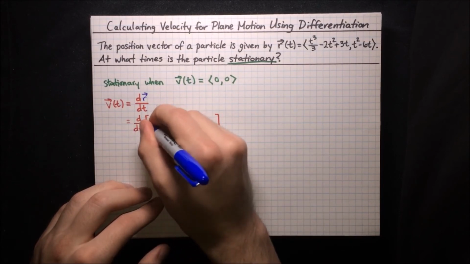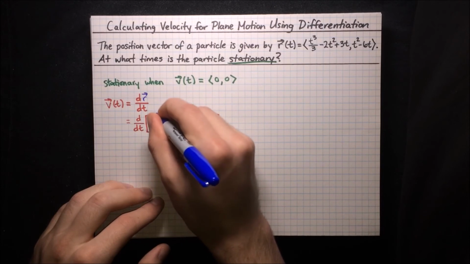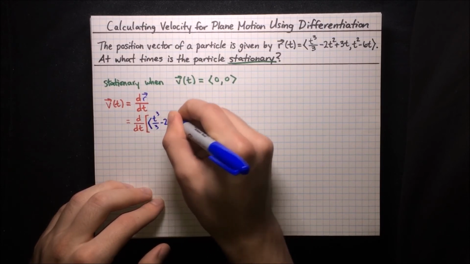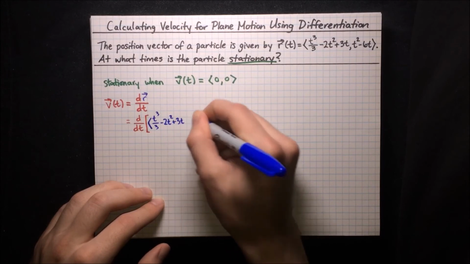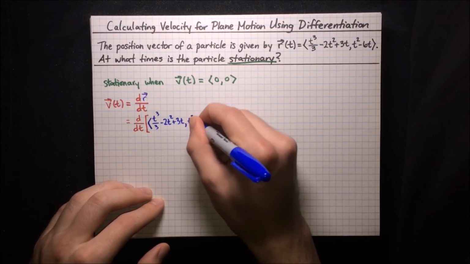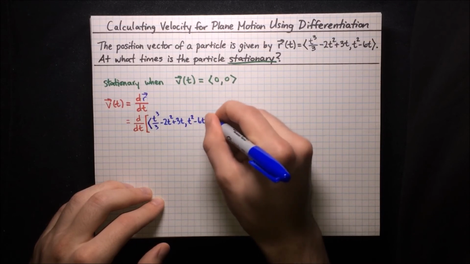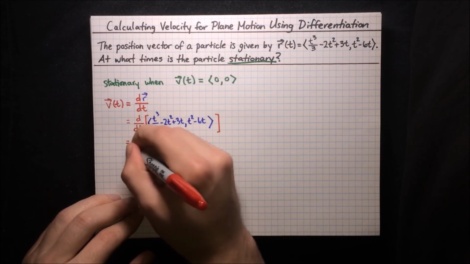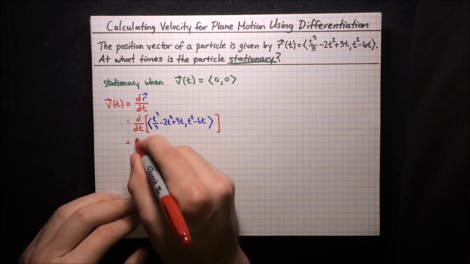The position vector is just t cubed over 3 minus 2t squared plus 3t as its first component, and then t squared minus 6t as the second component. And to differentiate this vector with respect to t, we just differentiate each component separately.